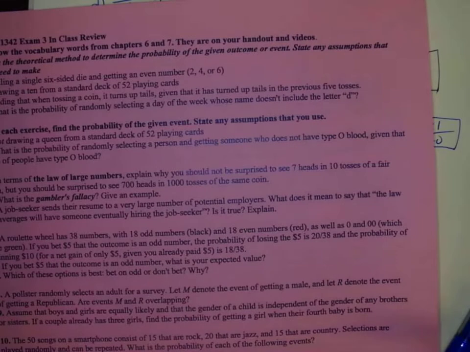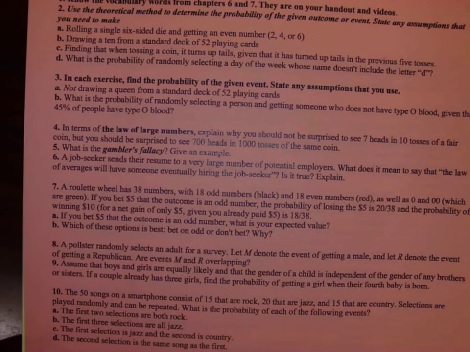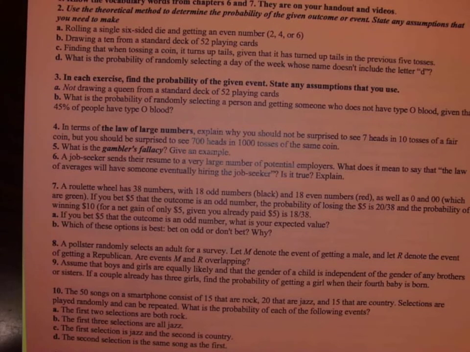So for question 4, in terms of the law of large numbers, explain why you should not be surprised to see 7 heads in 10 tosses of a fair coin, but you should be surprised to see 700 heads in 1,000 tosses of the same coin.